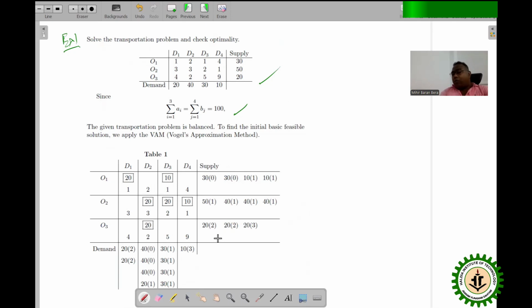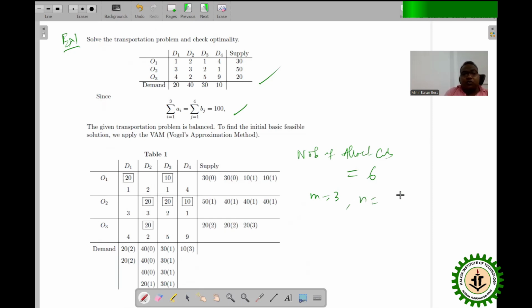Okay. Now, see here, after doing this allocation, you can see that the number of allocated cells is 1, 2, 3, 4, 5, 6. In this case, there are 3 origins, so M is equal to 3.